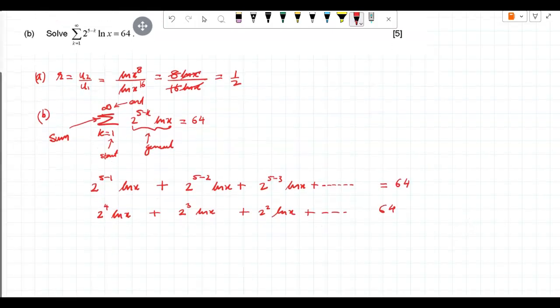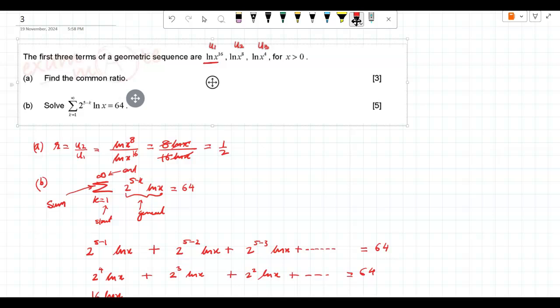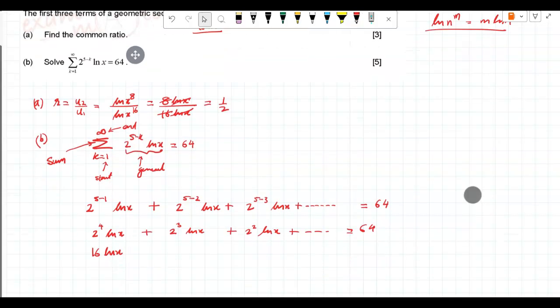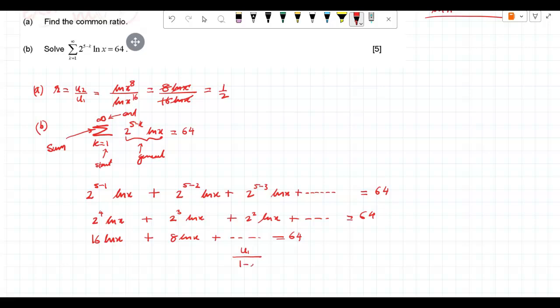Now if you see, this is the same sequence which was given earlier, because this is 16 ln x, correct? The first term here is basically 16 ln x. If you bring the power in front, you know that rule, no? Log n raised to m is equal to m log n. So basically this is the same sequence that we have, and we have the sum of infinite terms. Now what is the formula of the sum of infinite terms? u1 upon 1 minus r.